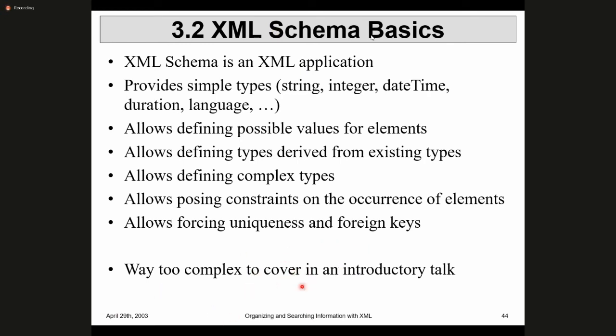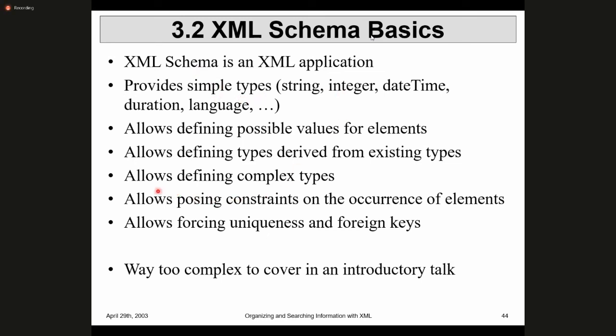So this is way too complex to cover in this kind of introductory topic. And introduction level again, so this is too complex. So XML schema basically has everything that you need to develop a production level application, right? A complete, let's say you're developing an ERP solution. XML schema has everything you require, right?